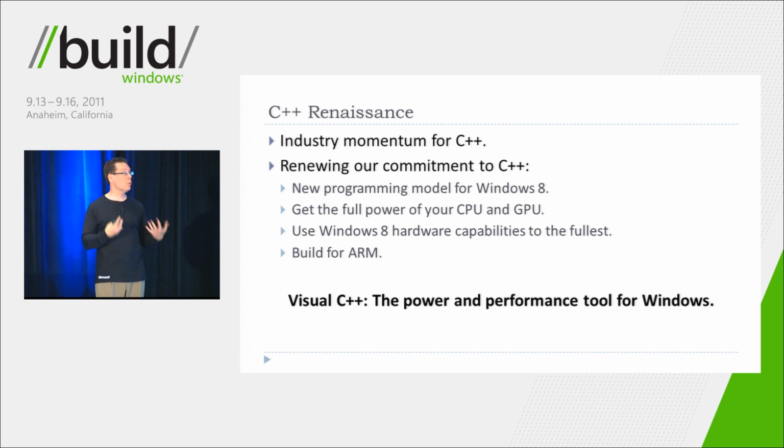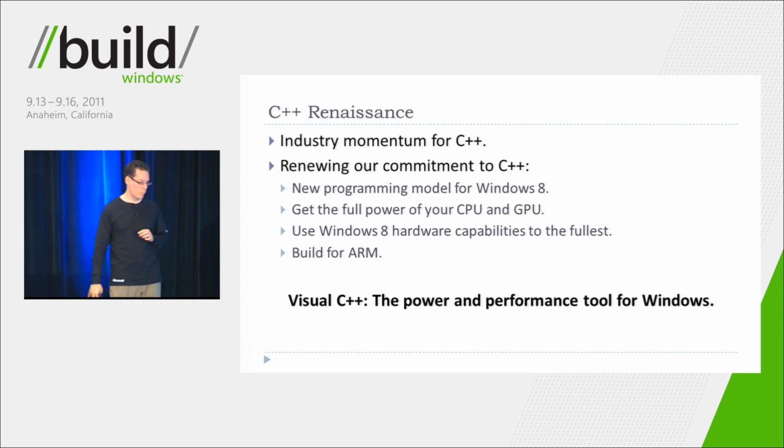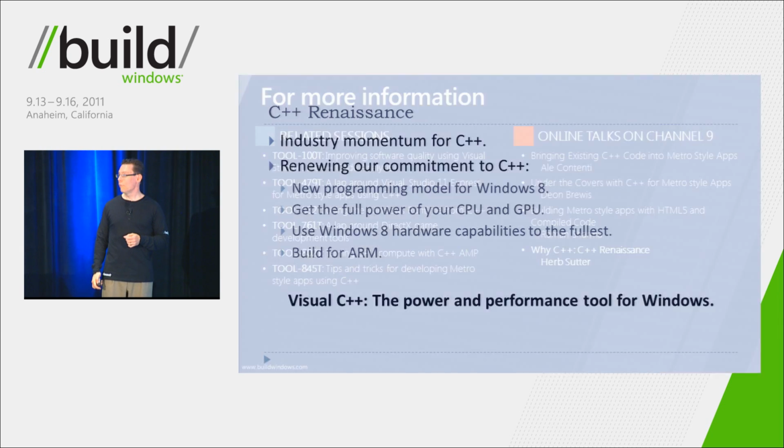So you've seen that we're renewing our commitment to provide a new programming model for Windows 8, to give C++ first-class access to all this cool new tablet and mobile kind of application, to get the full power of your CPU and your GPU with C++ AMP and other technologies that we're putting into this product that is working on the tablets that you got this week, to use the hardware capabilities of Windows 8 to their fullest, because we're the to-the-metal power and performance language, and to build for ARM, which Visual C++ has never done before. So that's what Visual C++ is, the power and performance tool for Windows.